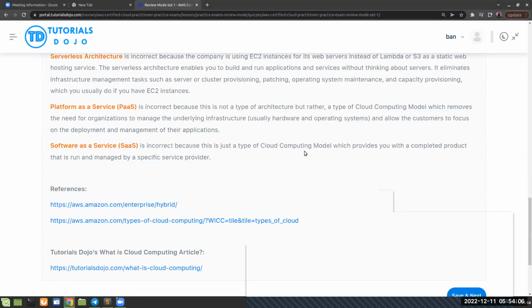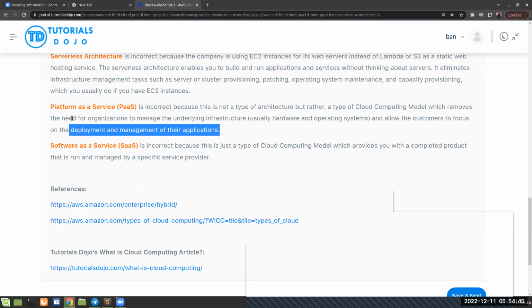Software as a service is a cloud computing model which provides you with a completed product that is running and managed by a specific service provider. For example, Gmail, right? You are just using it. It's just a product that is already complete. Platform as a service, as we know, removes the need for organizations to manage underlying infrastructure, that's the hardware and operating system, and allows customers to focus on deployment and management of their applications.